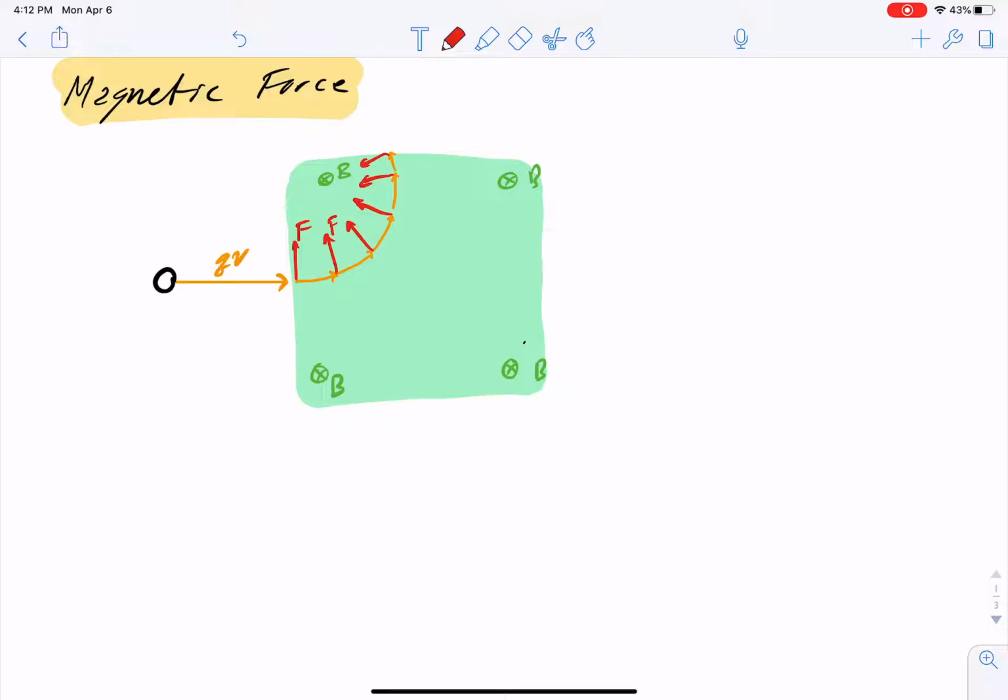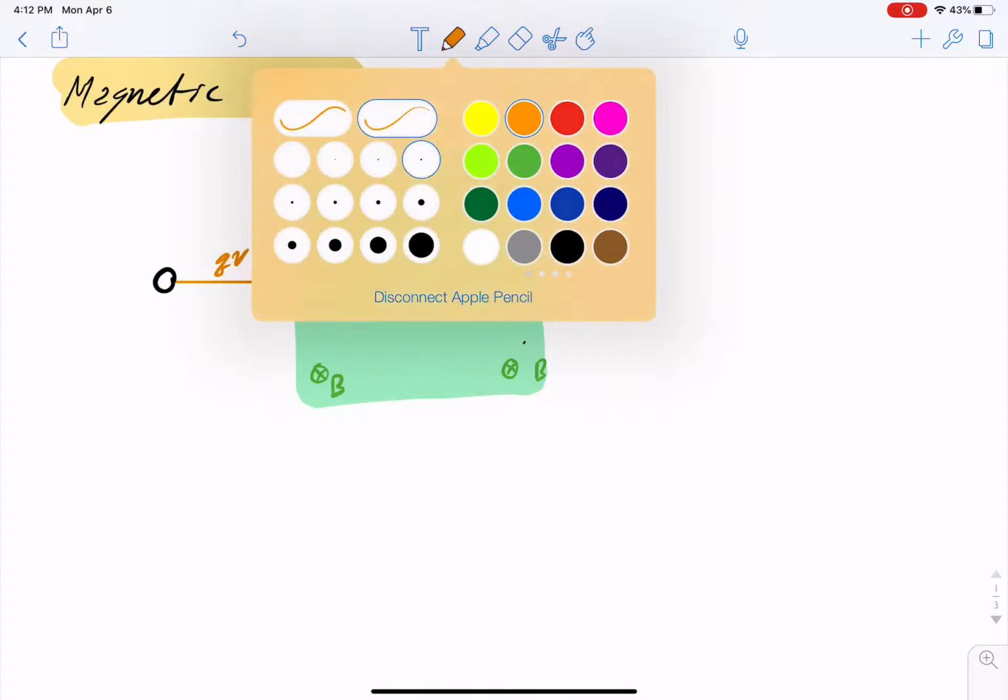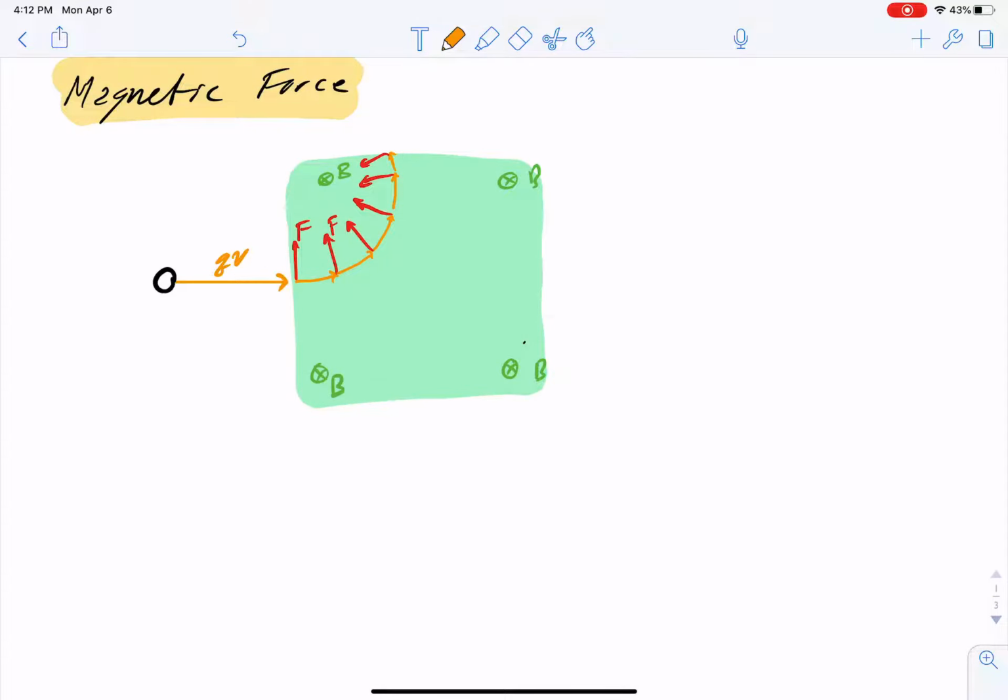And the particle actually travels in a section of an arc, so a piece of a circle. If the particle had been negatively charged, it would have done an arc in the other direction. Of course, once it reaches the edge, it would then go in a straight line.